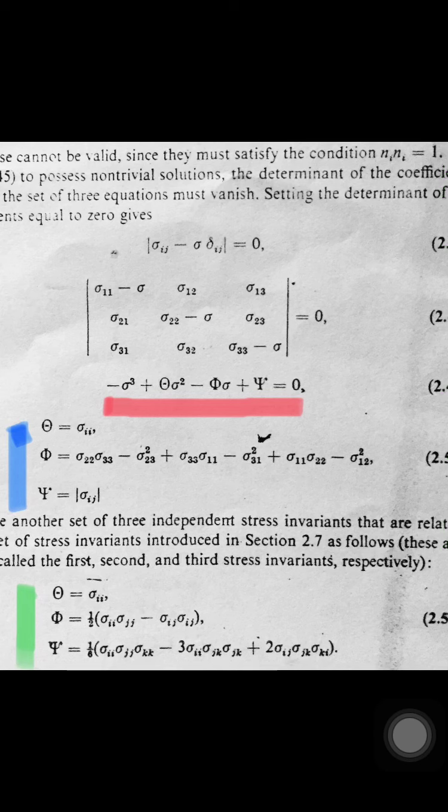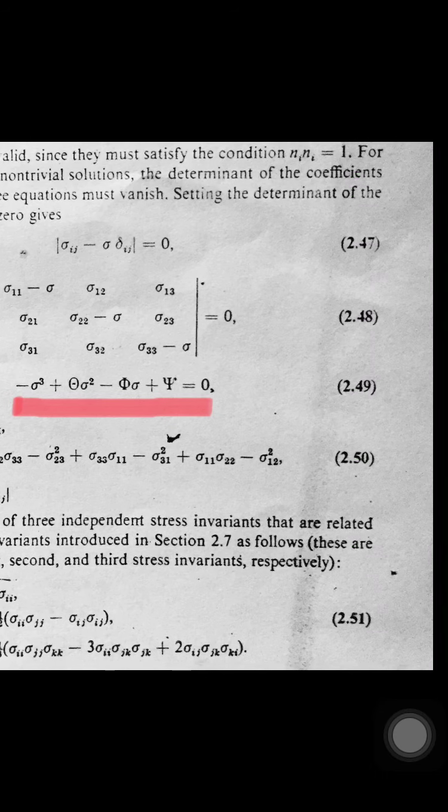Now the coefficient of sigma is denoted by phi, and what is the value of phi? It is written here, multiplication of same terms and different terms of sigma_ij. Last, psi is nothing but the determinant value of only sigma_ij. So these are the three notations which we are using in 2.49.